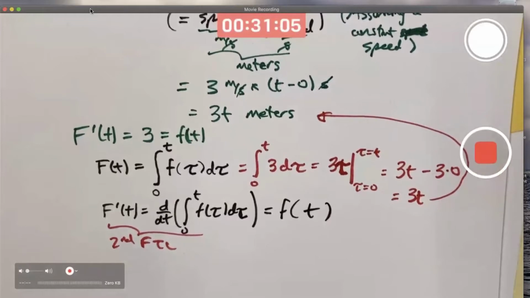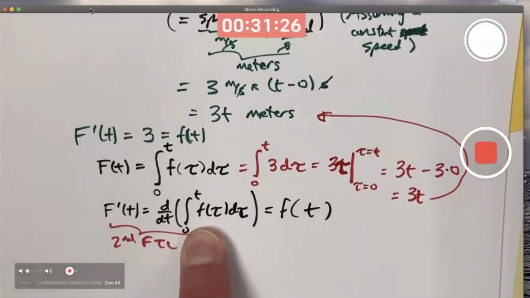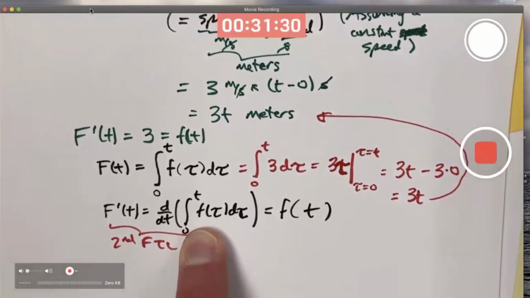It seems too easy. It seems dumb to do this. And in a sense, it is for such a simple example. But there are more complicated examples where it's definitely not dumb to do this. This is a theorem. It's still true no matter how complicated little f is, as long as it's a nice function like continuous.